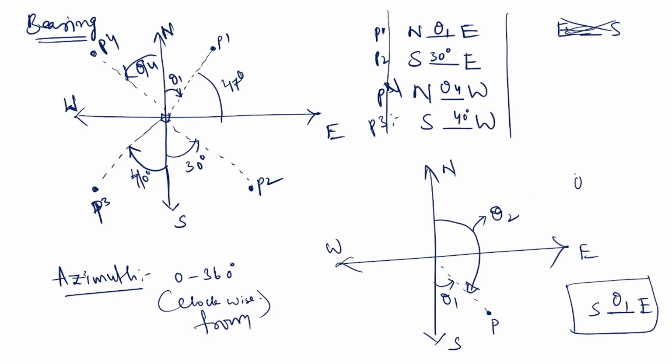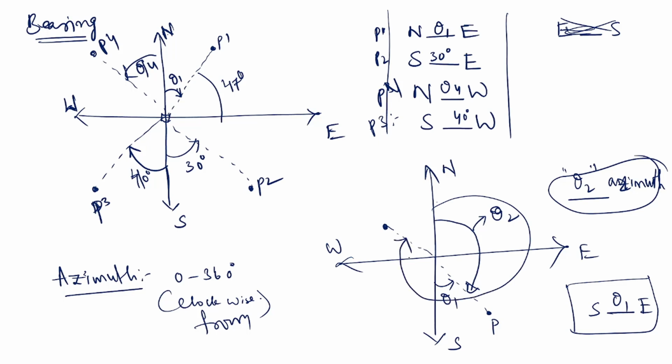Theta 2 is an azimuth angle. If a point is here, you have to calculate the angle like this. Let us say this is theta 4. You have to find it from the north in the clockwise. That is azimuth.